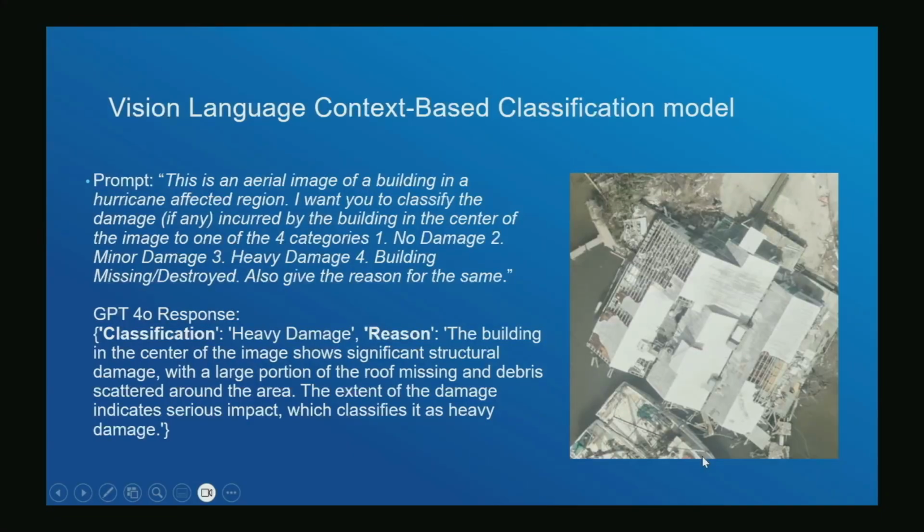Now we come to vision-language, context-based classification models that I showed a demo of in the plenary. Basically, even today, you could take this image, give it to GPT, and give it a prompt that I want you to classify it and say what kind of category it has, like no damage, minor damage, or heavy damage, or the building is missing or destroyed, and also give a reason. GPT or these vision language models are able to do that.